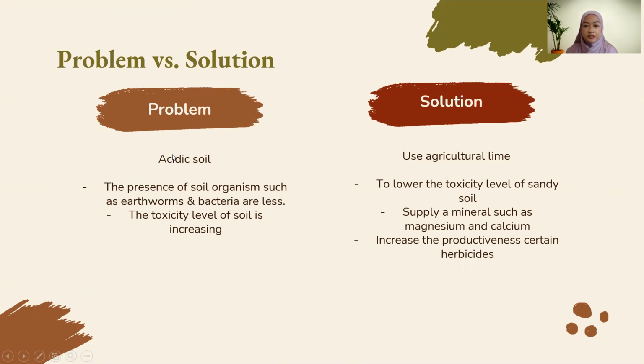Firstly, sandy soil is acidic soil. Acidic soil may cause the presence of soil organisms such as earthworms and bacteria to be less. Earthworms and bacteria play a big role in the decomposition of organic matter. Without them, the toxicity level of the soil increases.